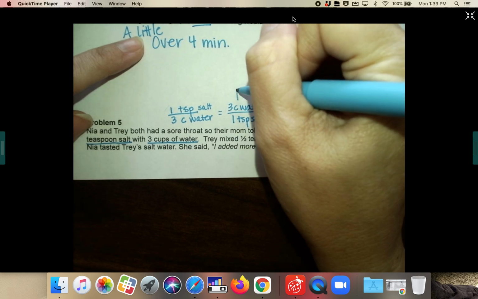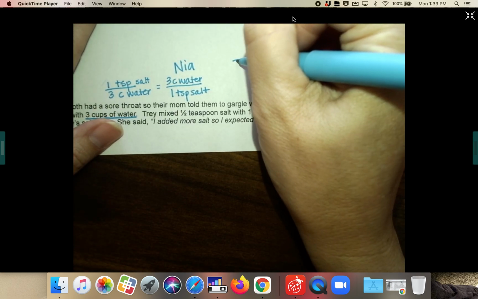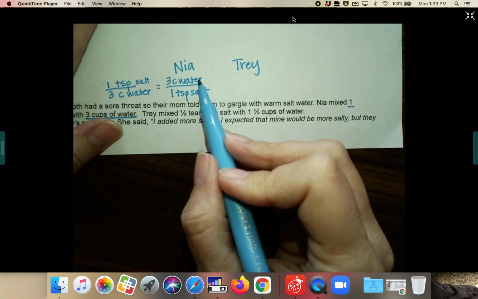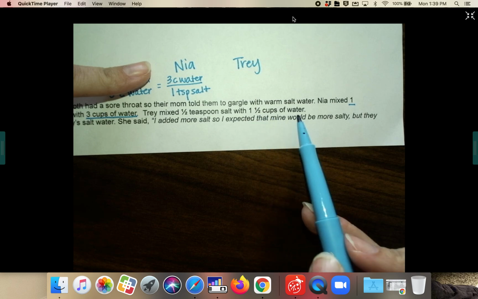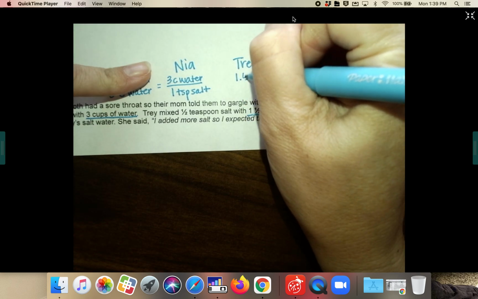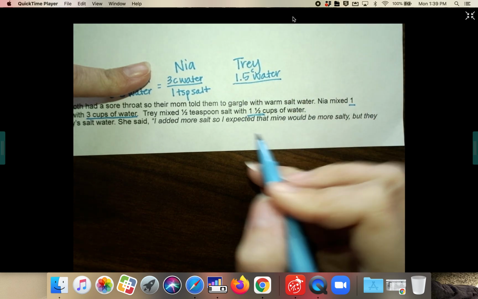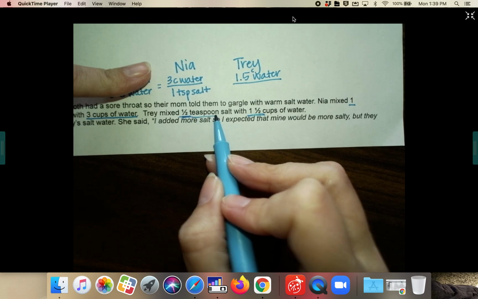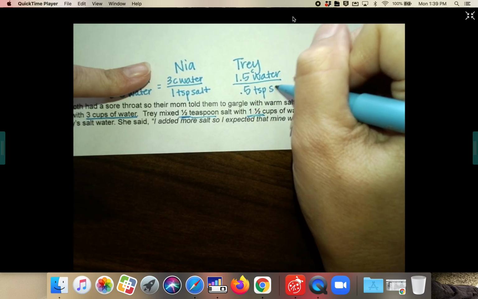And this is Nia. Now let's do Trey's numbers. Remember, I'm going to put water on top and salt on bottom. So water for Trey is 1.5 cups per half teaspoon of salt, so 0.5 teaspoon of salt.